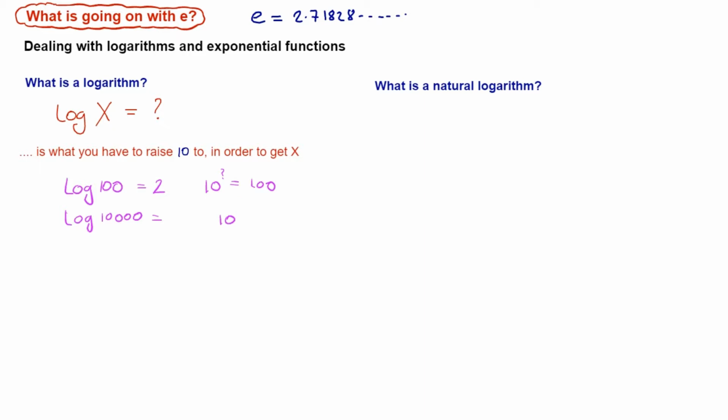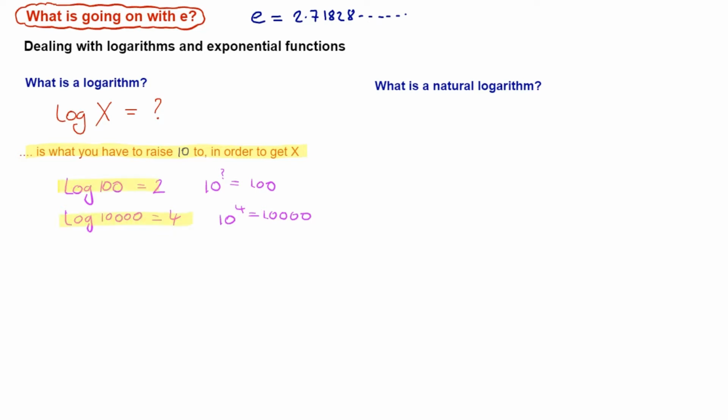Obviously it's 10 to the 4, because 10 to the 4 is 1 with 4 zeros. And so the log of 10,000 is 4. So that's how it works. It's kind of straightforward when you look at it that way. What you have to raise 10 to, to get the value, is the log of that value. So the log of 100 is 2, the log of 10,000 is 4.